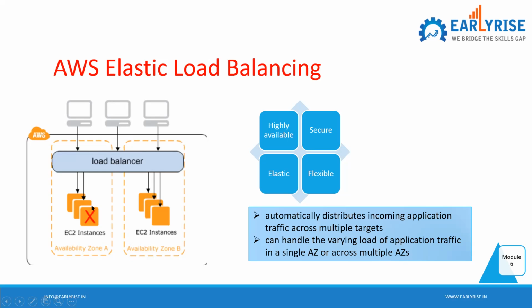As soon as any of the checks fail, whatever traffic is coming, it will stop sending to that one. It will say, this is bad, so I'm not going to send to this one. It will send to the others.